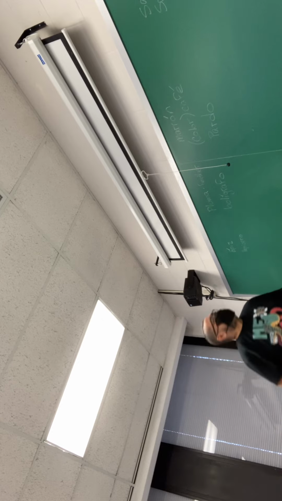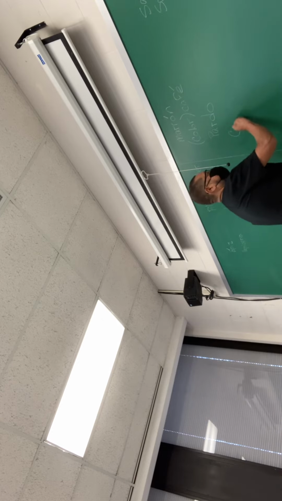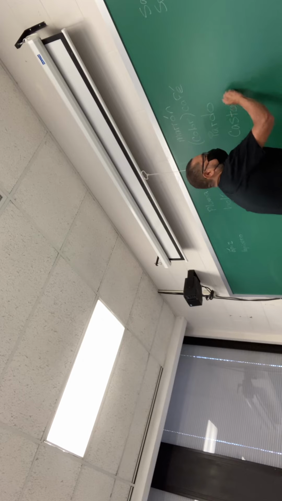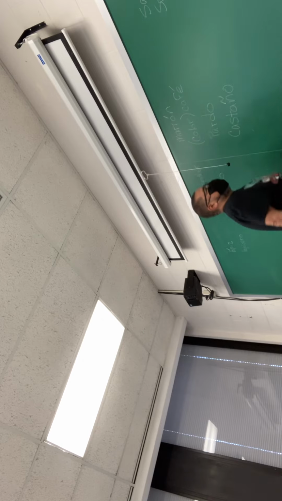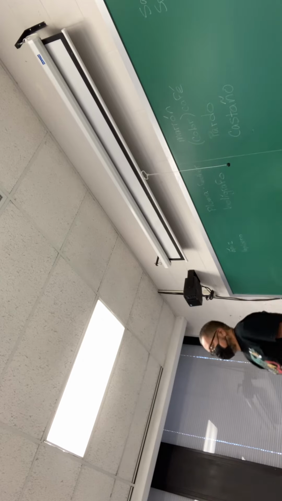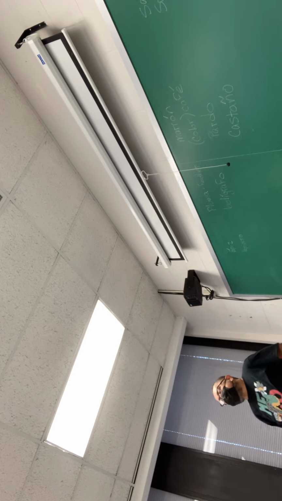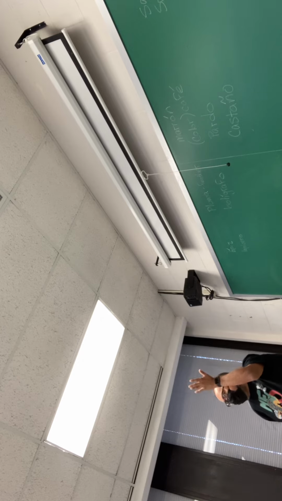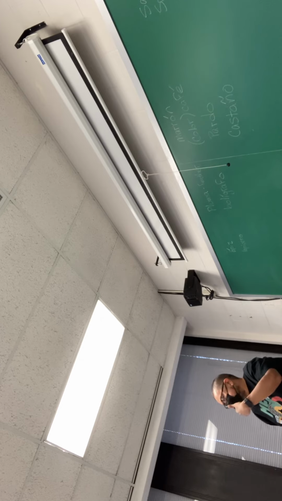The last one. Castaño also means brown, but we only use castaño to describe hair and eyes, or any other body part, but usually it's hair and eyes. All right?